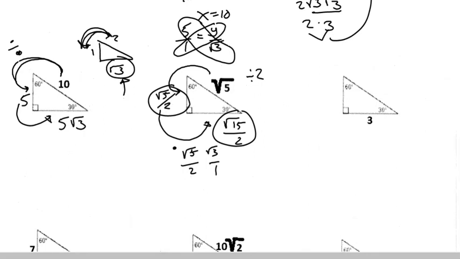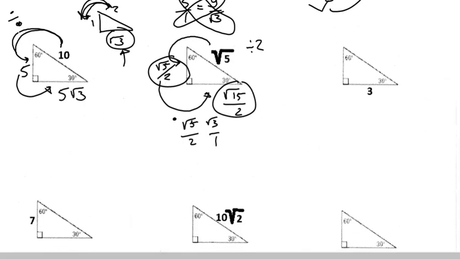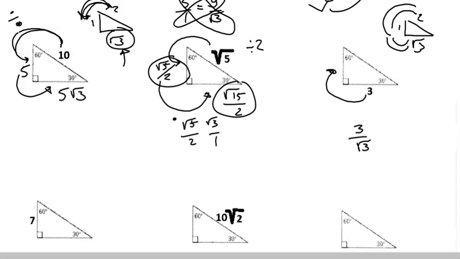Okay. Now this is going to be a hard one. 1, 2, rad 3. Multiply by 2, divide by 2. Multiply by rad 3, divide by rad 3. How do I get from here to here? That would be divide by rad 3. Now we have to simplify that. Remember, to get rid of a radical, you just multiply by itself.